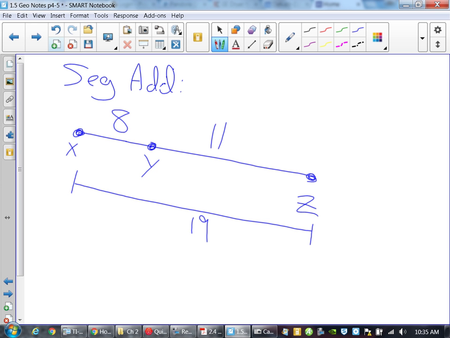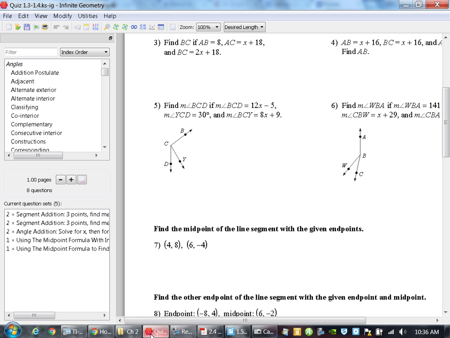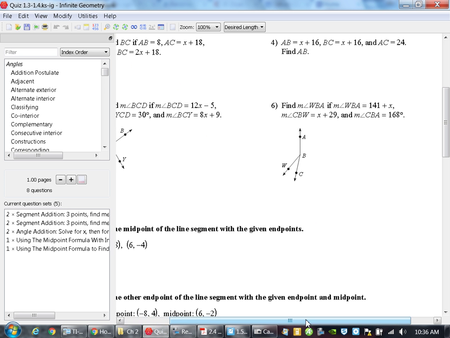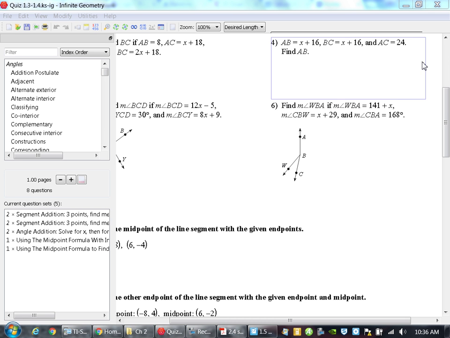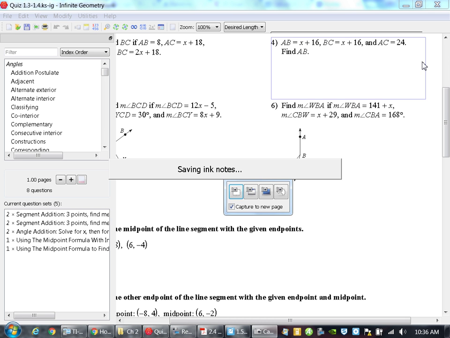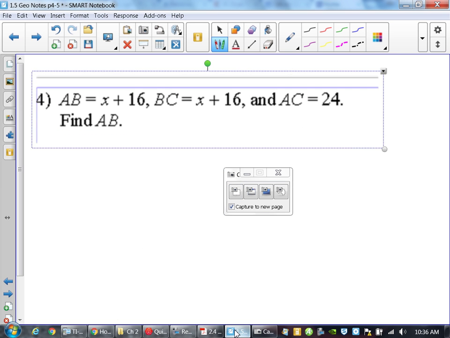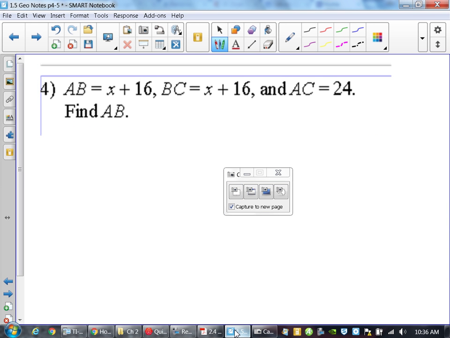Which means you could then look at problems like this. I think this one said B is between A and C on AC.